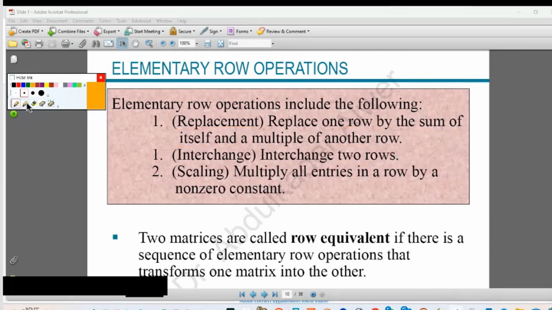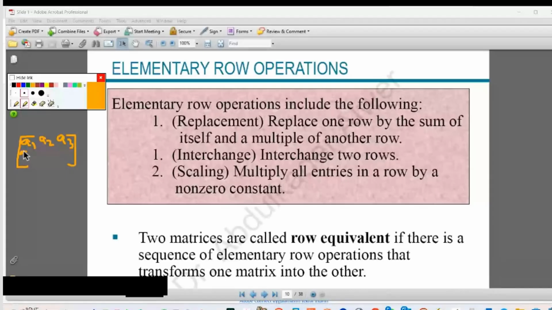That means if I have this matrix, for example, with rows A1, A2, A3, P1, P2, P3, C1, C2, C3, interchange means I will change, for example, R2 with R3.